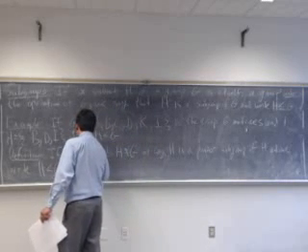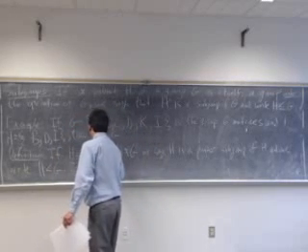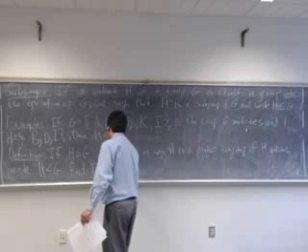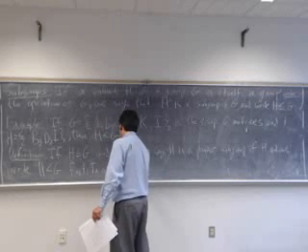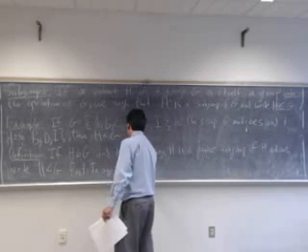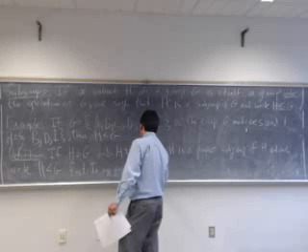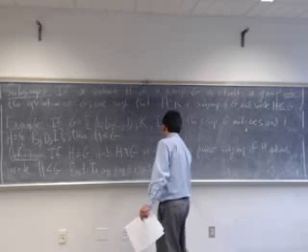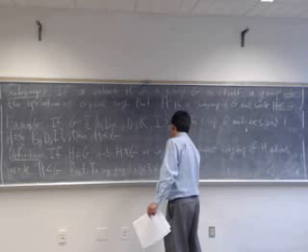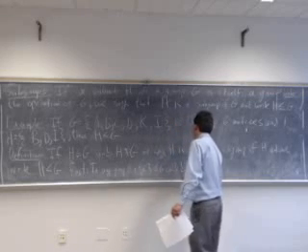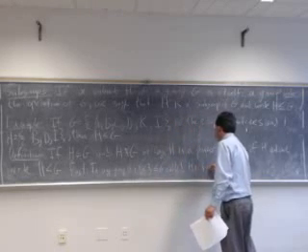And then just the fact, in any group G, the identity is a subgroup of G, and that's called the trivial subgroup.